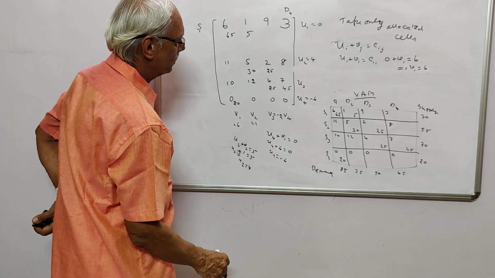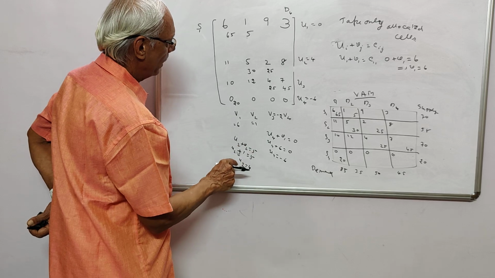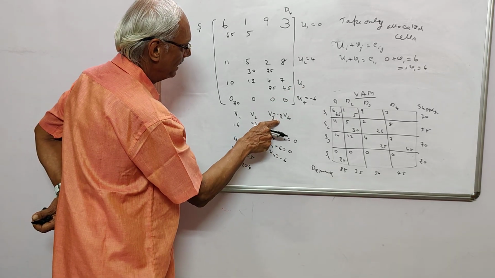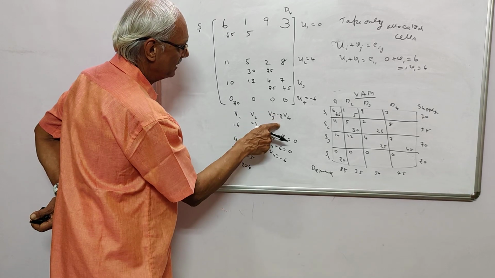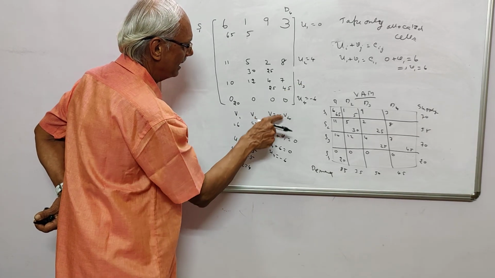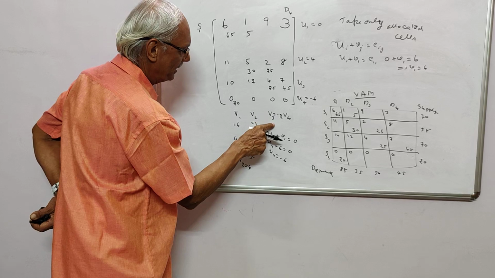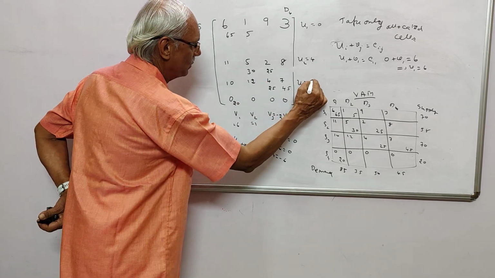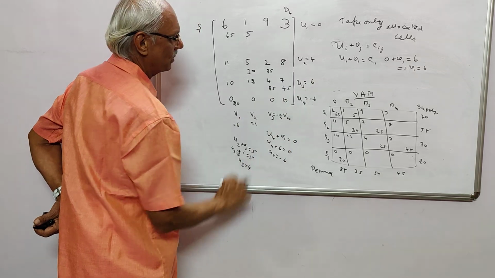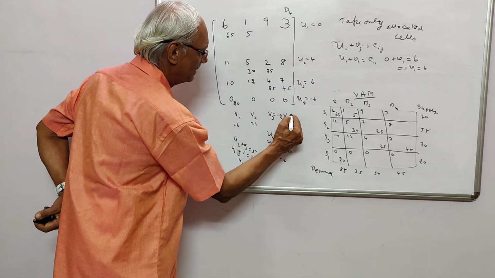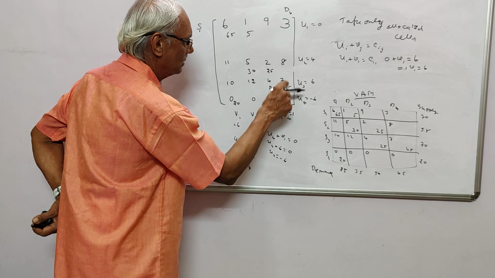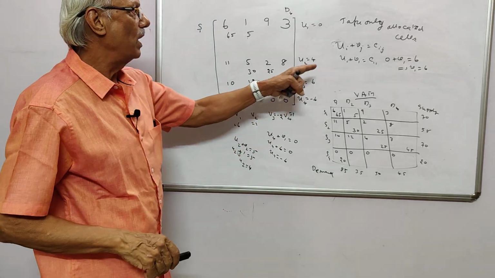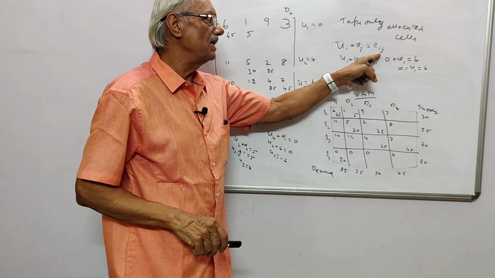Now see what else we can find. This is minus 2, and here u3 plus v3 is equal to 4, so u3 is equal to 6, since 6 minus 2 is equal to 4. Then v is equal to 1, so 6 plus 1 is equal to 7. So I used the formula ui plus vj is equal to cij.